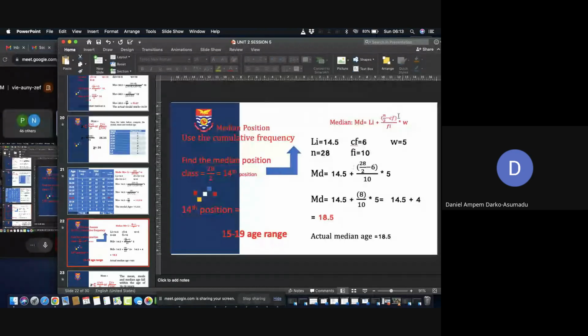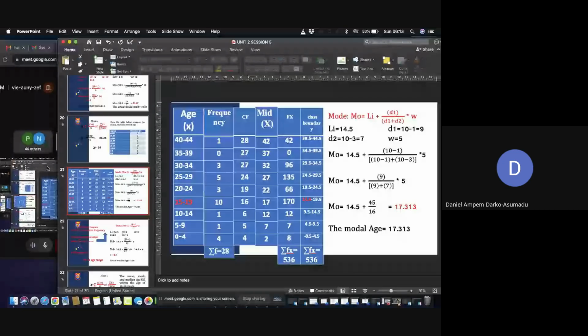CF in the formula means the frequency immediately preceding the median class. Who can help us? Say your question.